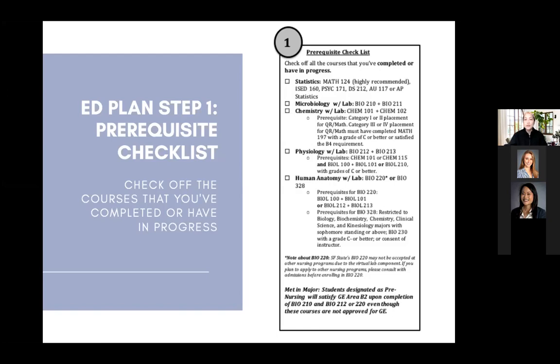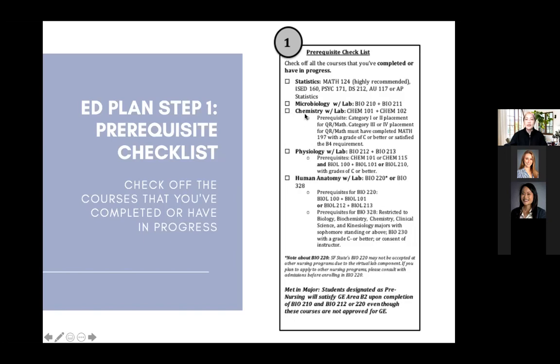However, please note that ISED 160, Psych 171, DS 212, and AU 117, or as I mentioned, AP Stats, will also fulfill this statistics requirement. The second course is microbiology with lab. This is Biology 210 and 211.